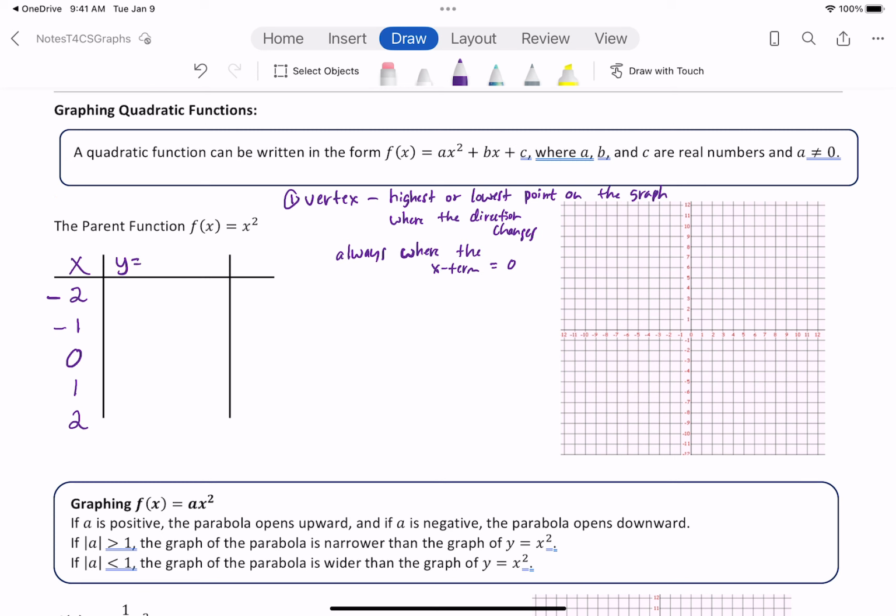So then we're just going to plug those values in to get our ordered pairs. So don't forget, your parentheses are very important when you're dealing with roots. I'm plugging -2 in for the x. It has to be in that parenthesis so that when you enter that into your calculator, you should get 4. So this first ordered pair is -2, 4.